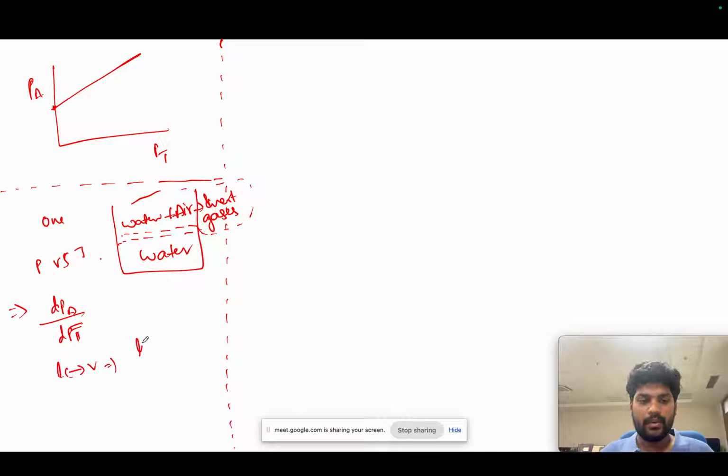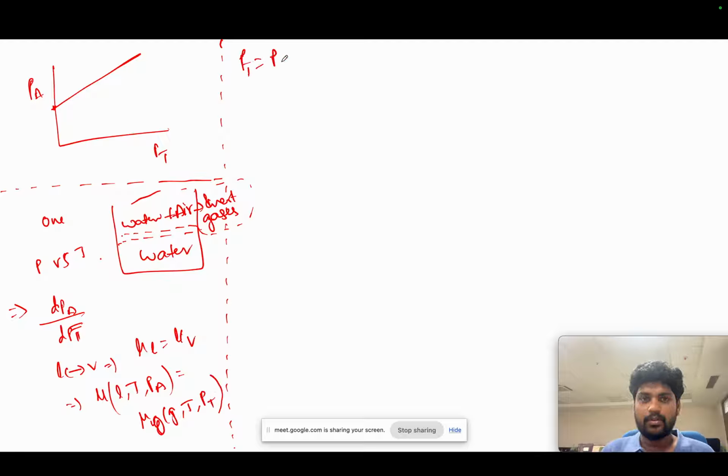At equilibrium, we know that mu L equal to mu V. So now I can write it like this: mu of liquid phase, T, pressure of A, where pressure of A is nothing but the molar pressure of water, is equal to mu of gas comma T comma P total. So P total equal to PA plus P of remaining.